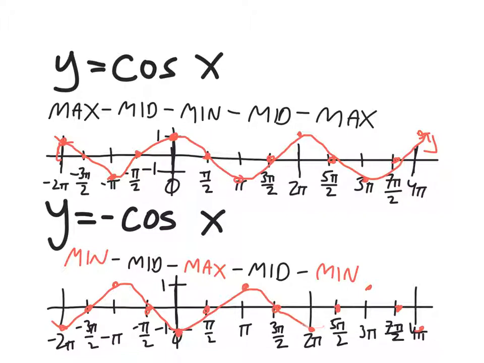So that should give you the main gist of what you're going to be looking at when you're plotting these sine and cosine functions. Obviously, like we did dozens of times in Algebra 2, we're going to be able to use our transformations of functions to do a bunch of different things with both the sine and the cosine graphs.